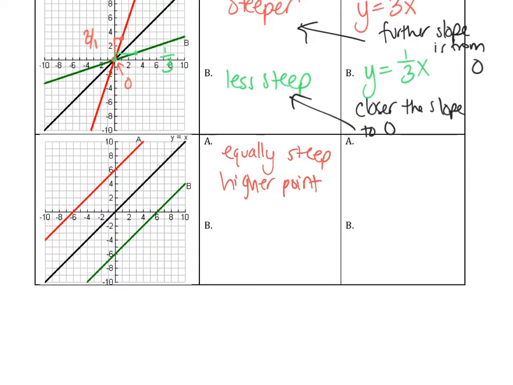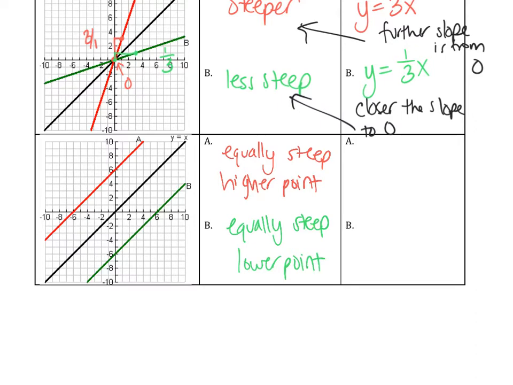And then the B line is, again, equally steep. It's still facing the same direction and has the same slope, but it is at a lower point. So let's see what this looks like when we write our equations.